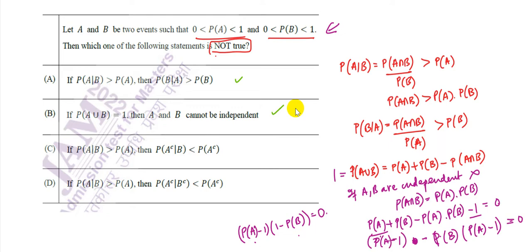Now we come to the third one. Probability of A given B is greater than probability of A, which we have already done here.